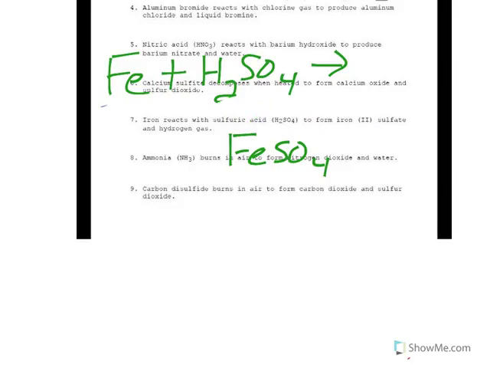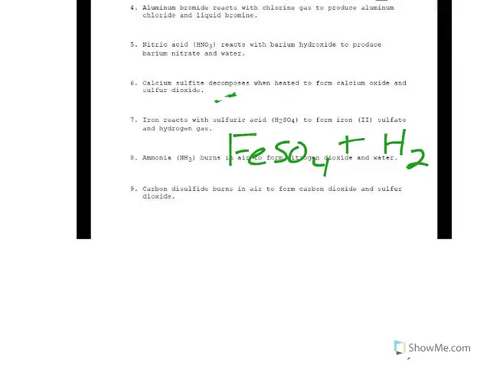And then iron(II) sulfate and hydrogen gas. And means you put a plus sign. Hydrogen gas, that'd be H. Again, anytime anything's by itself, check and see if it's a diatomic. H is a diatomic, so we're going to put a little 2 there. And then you would ensure that the equation is balanced. This is actually already balanced.